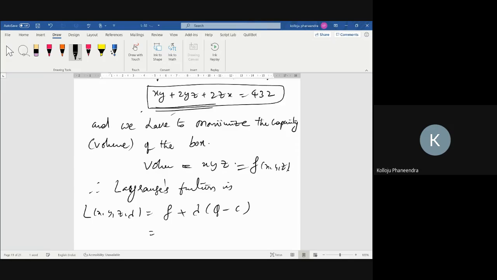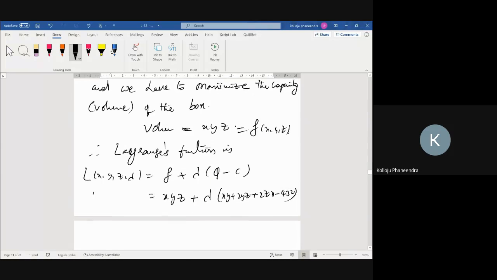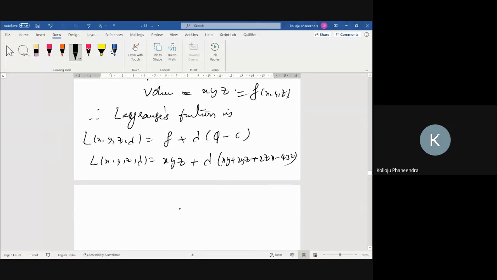Simply, in a simple manner, xyz is here and the surface area is here: xy plus 2yz plus 2zx minus 432. This is L of x, y, z, lambda. Okay, you solve this. Write the necessary conditions and get the point x, y, z with lambda.